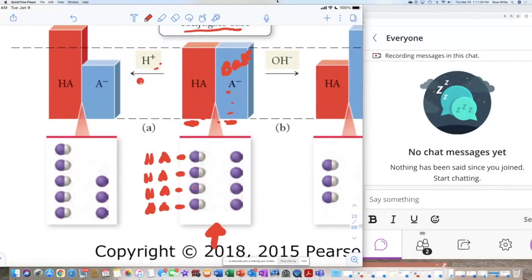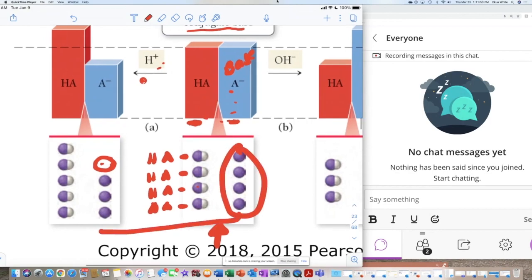Since the acid comes in, a quick assessment is done by the chemical system and it decides only the base can neutralize the acid. According to what we have here, the amount of acid that got added was just 1. How do I know that? Because the amount of base that got used to neutralize the acid is 1. There's only one circle missing here. Y'all see that? We went from this to this.